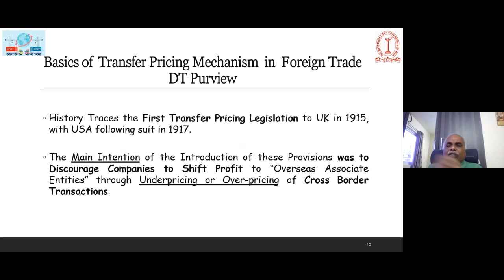The main intention of introducing the provisions was to discourage companies from shifting profit to overseas associates through underpricing or overpricing of cross-border transactions. Even overpricing also; that I will discuss.